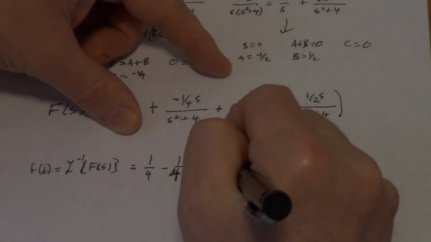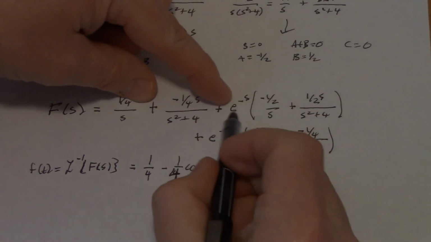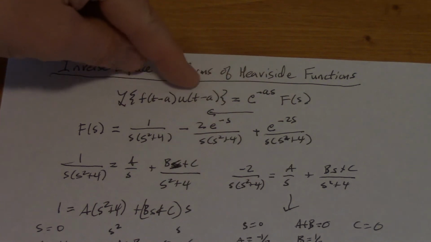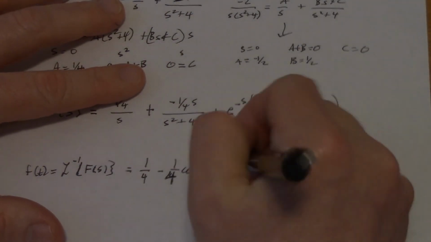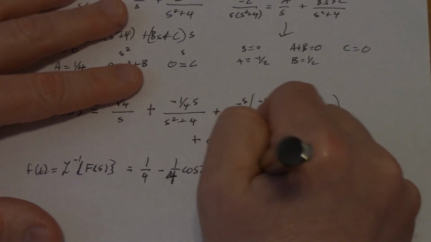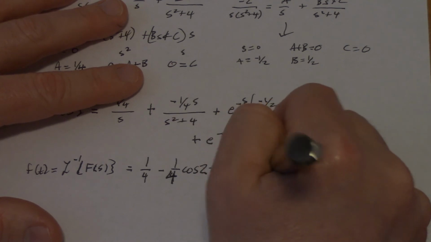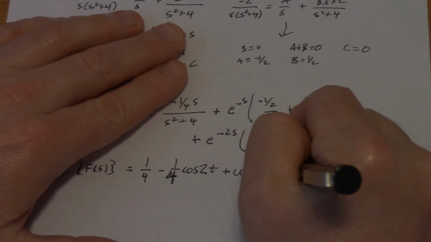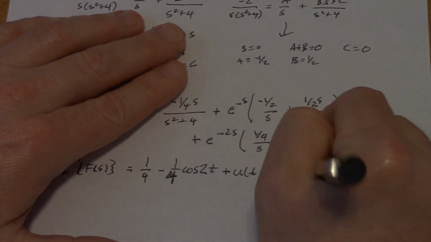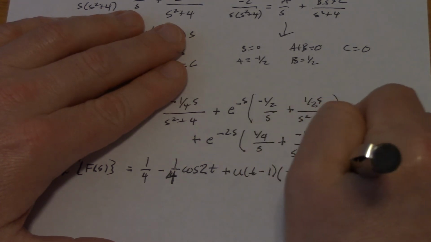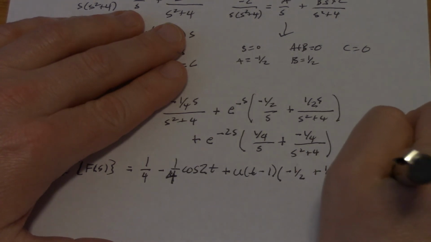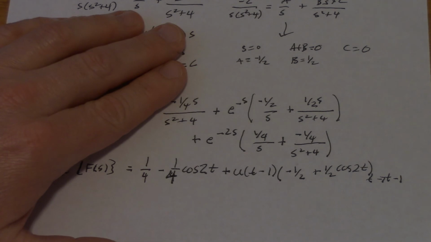We know that when we take the inverse transform of e to the minus s, going from here to here, that e term turns into the u term. So this is going to be u of t minus 1, because that's the value of a. Then inside I have negative 1/2 plus 1/2 cos 2t, and t is shifted to t minus 1 there.